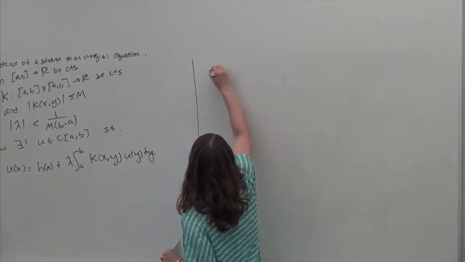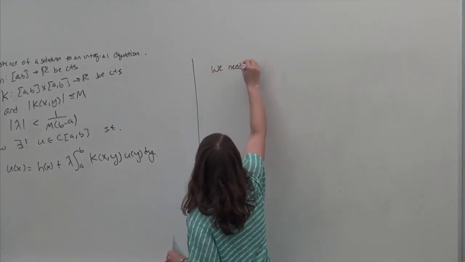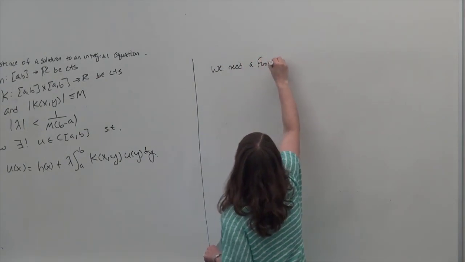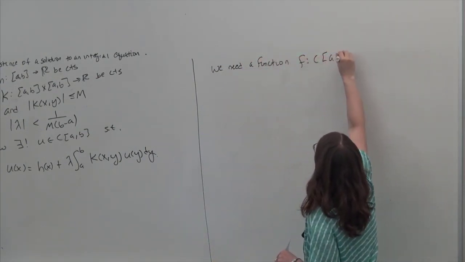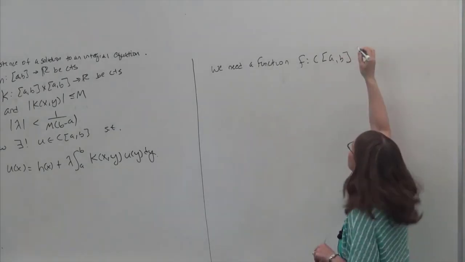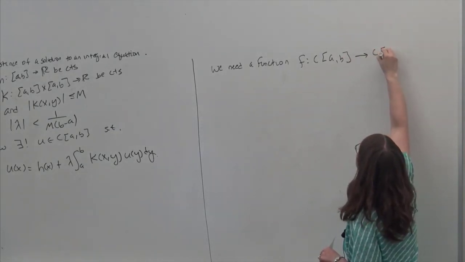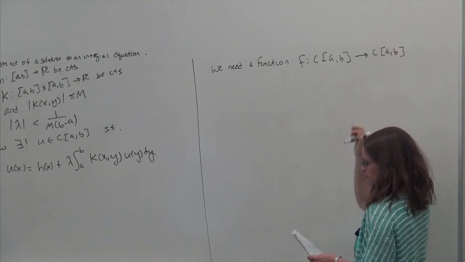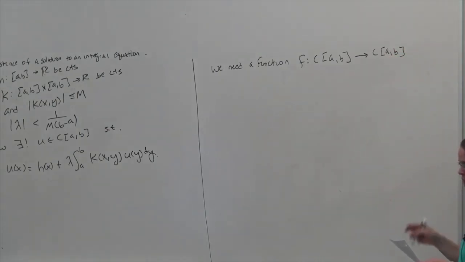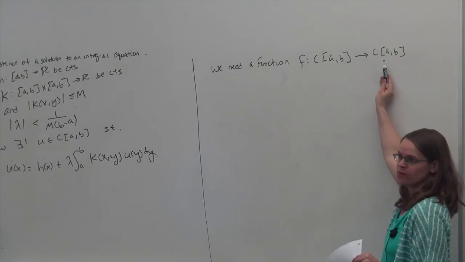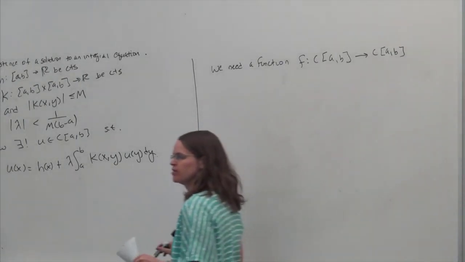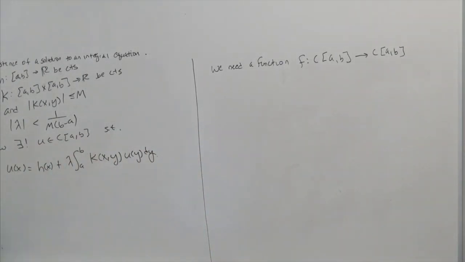We want it to be a function between a metric space and the same metric space. This, of course, is a complete metric space, we know, which is good. That means that we'll be allowed to use our fixed point theorem.